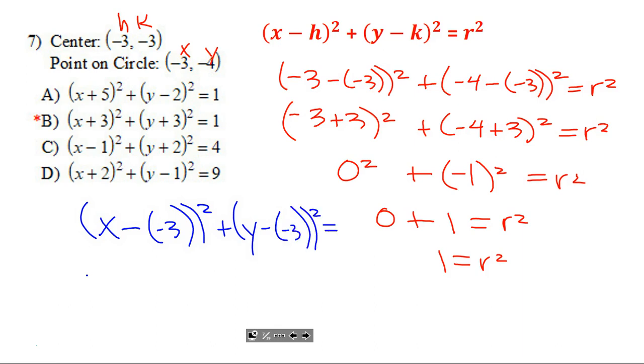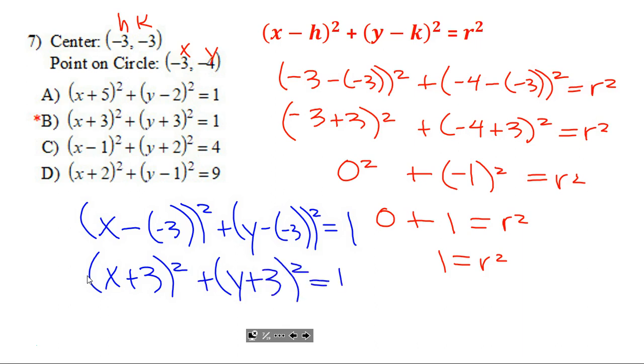Now this time we got R squared, R squared is equal to 1. So this minus a minus means we have to change the sign. So that's going to be X plus 3 squared plus Y plus 3 squared equals 1. And the one that looks like that up there is letter B.